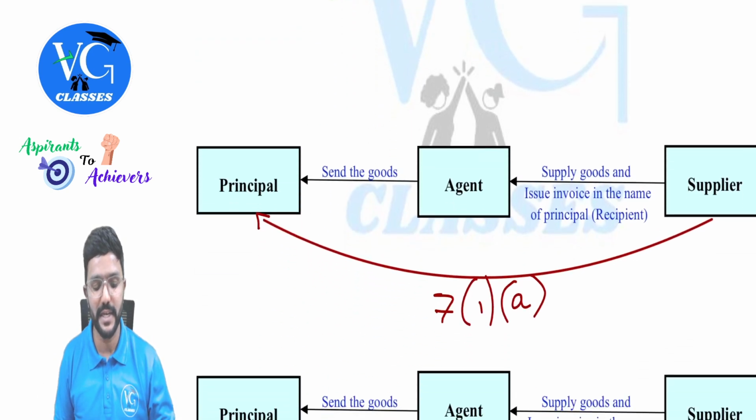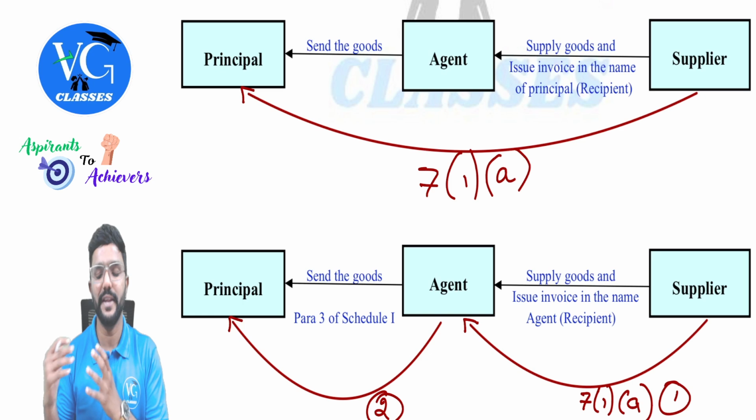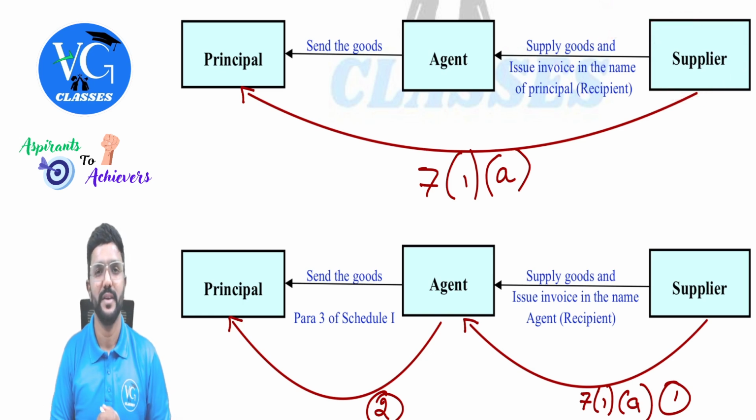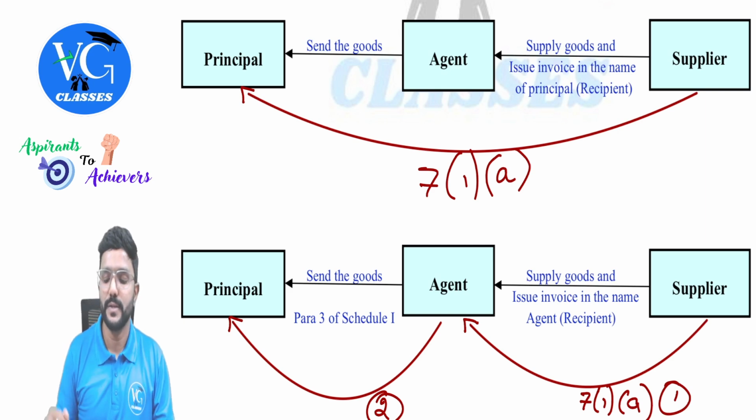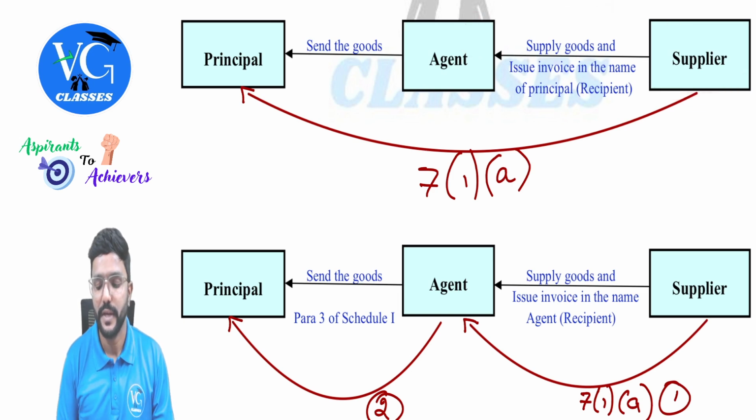Sir, what if it is purchases? Now assume principal wants to purchase some goods, but he doesn't have any contact with the suppliers, so he has asked the agent, please purchase goods on behalf of me and give it to me. Okay. So supplier will supply the goods to the agent and assume invoice is issued in the name of principal.